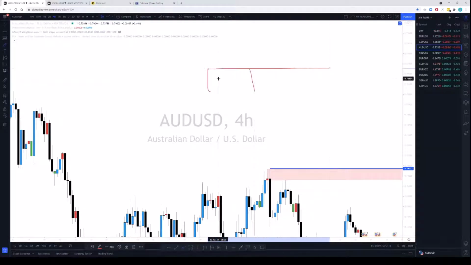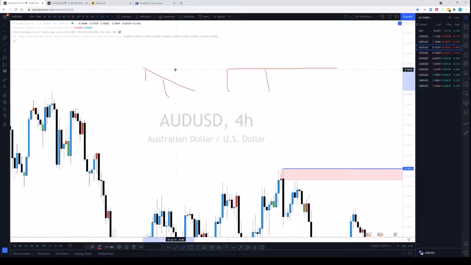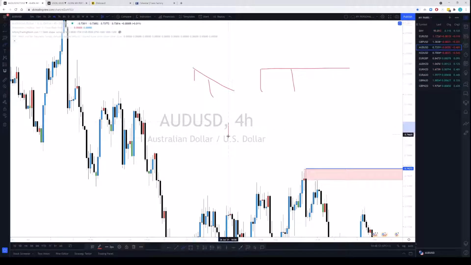I don't point you to something like that. I always point you to something like this as equal high, or it can be like this as equal high. And the same thing applies to equal low. When it's something like this, that is equal low. When it's something like this, that is not equal low.